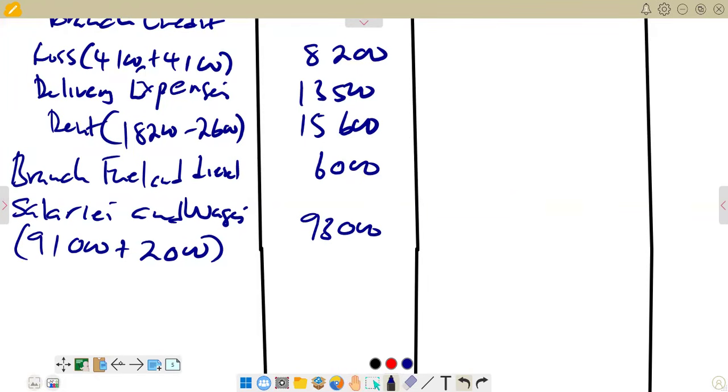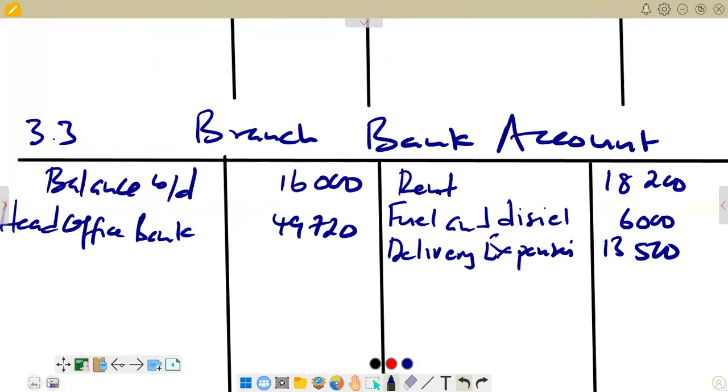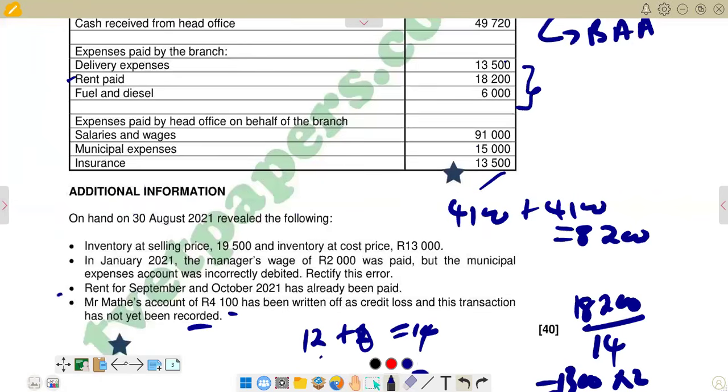Then we go and check the next transaction. Right, after salaries and wages, we've got municipal expenses. So this 15,000, we are going to remove the 2,000 that was in municipal by mistake. So we're saying 15,000 minus 2,000. Then for insurance, we have 13,500. We check if there's any adjustment.